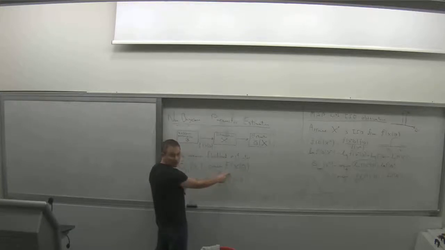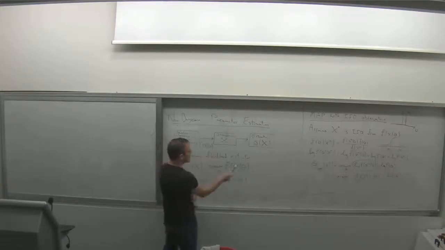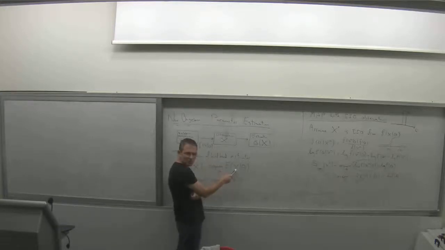F of x given theta, that's the likelihood. Why? Because it tells you how likely x is to be observed given a particular value of theta.